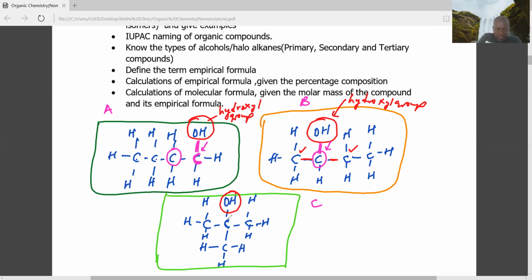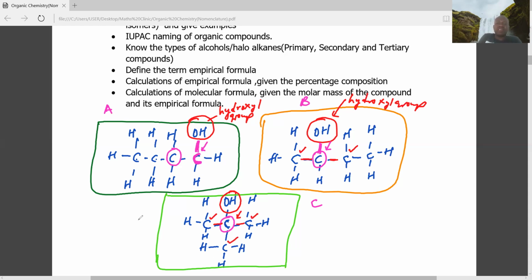But when we look at the third one, let's identify the carbon that is attached to the hydroxyl group. It is this one. My question is, how many carbons are bonded to this carbon which is attached to the hydroxyl group? Let's count them: this one, and that one.